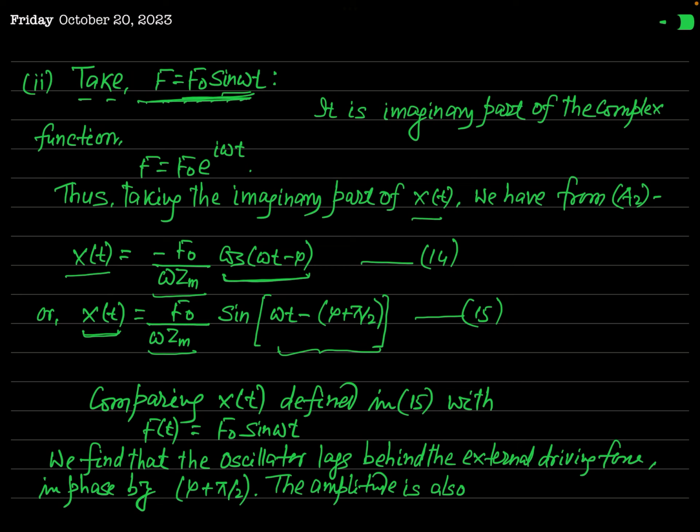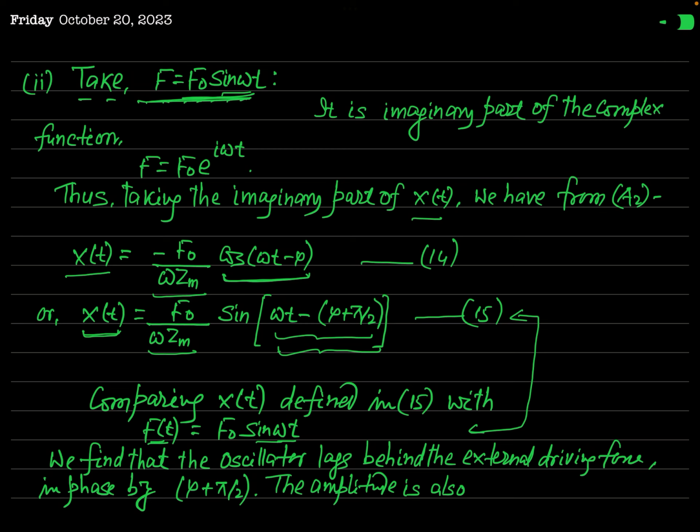Now again compare this applied force f(t), which is F naught sine omega t, and this displacement of our oscillator. Again you see that at any time t, the phase of the applied driving force is omega t, but the phase of the oscillator is omega t minus phi plus pi by 2.